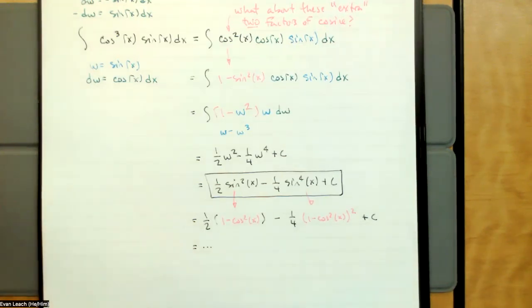Then we just have to hit this with the algebra stick for a little while, and hopefully cosine to the fourth will pop up. If I just multiply this out, you'll see that it all cancels out, and it ends up being negative 1/4 cosine to the fourth x plus c, just like we intended we were going to get.